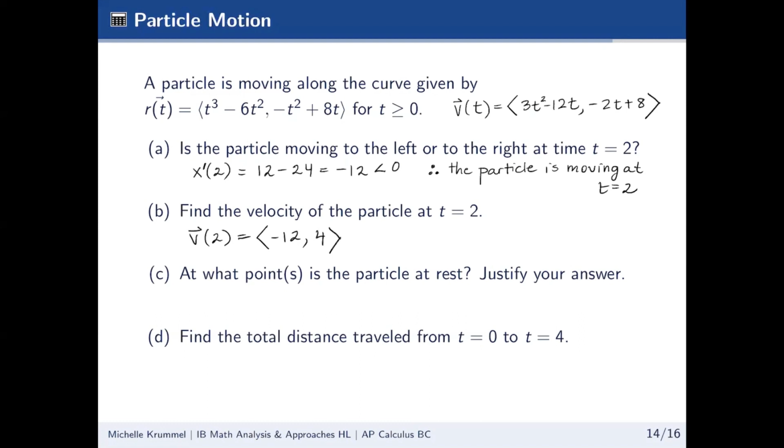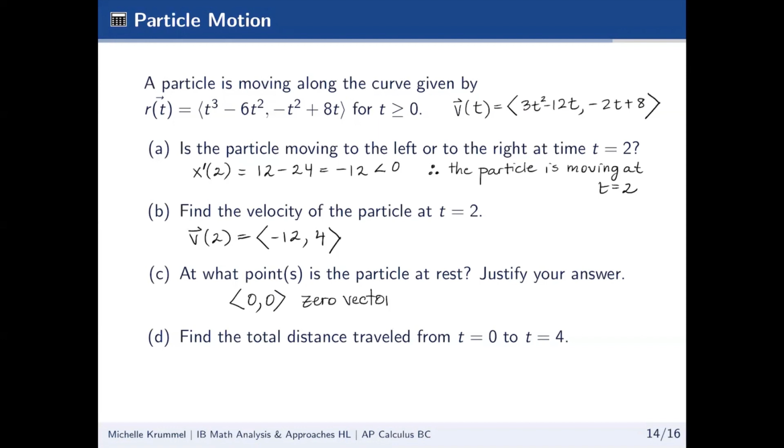So we can't really say that the velocity vector equals 0. What we can say is that the velocity vector is equal to the 0 vector. It may sound like a silly thing, but the vector with components 0, 0 is called the 0 vector.